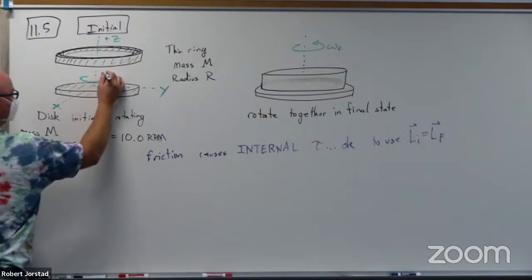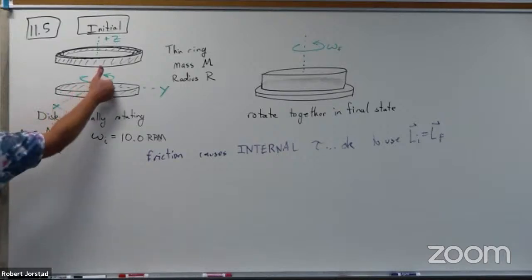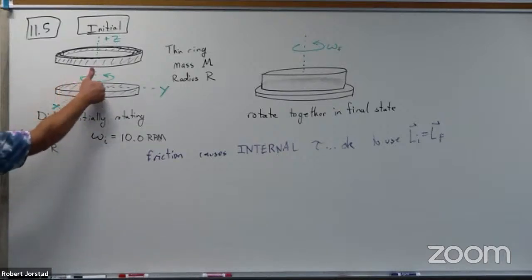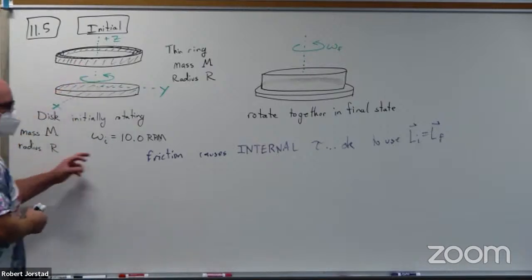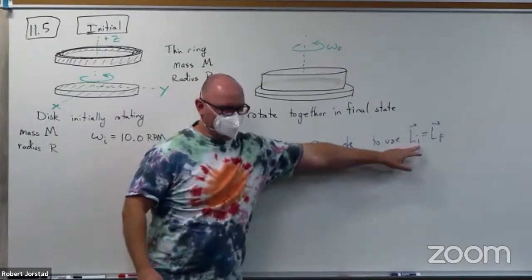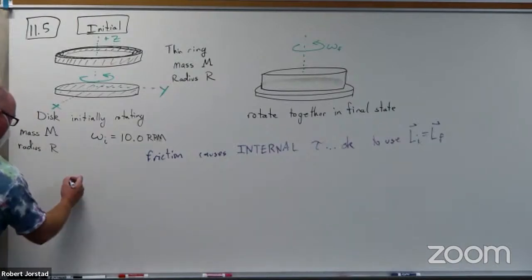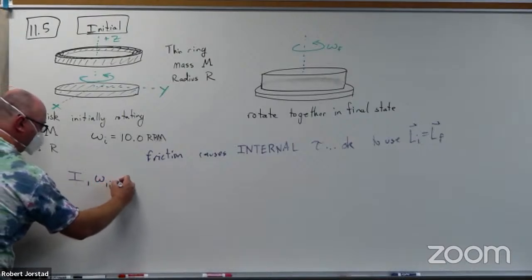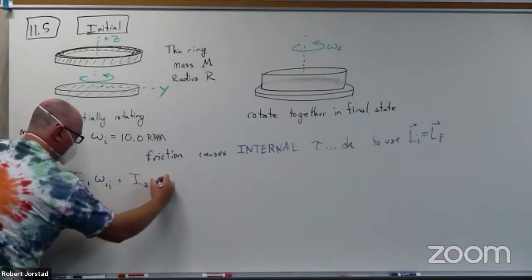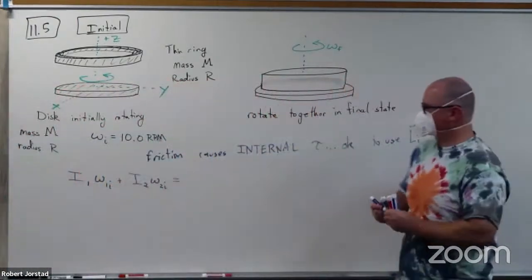Now this thing's rotating around here. What direction is the rotation? What do we say this direction is? Positive k hat. All right, now, why am I mentioning that? We can use that for this vector here if we need it. So in this case, let's write it out. I1 omega 1 initial plus I2 omega 2 initial equals, how many objects do we have in the final state?